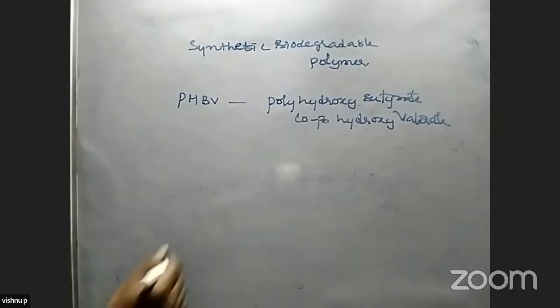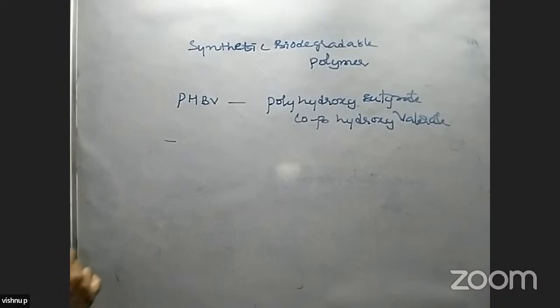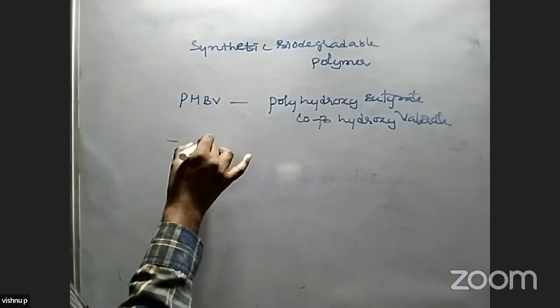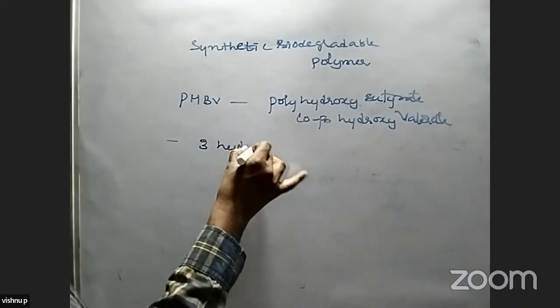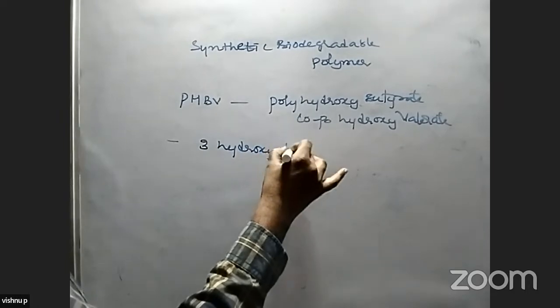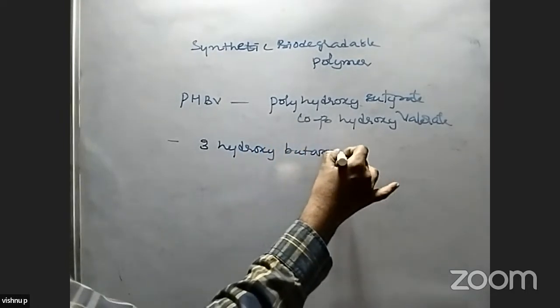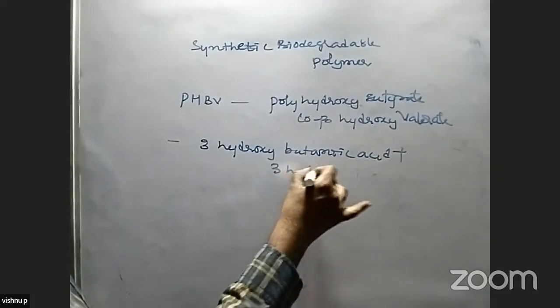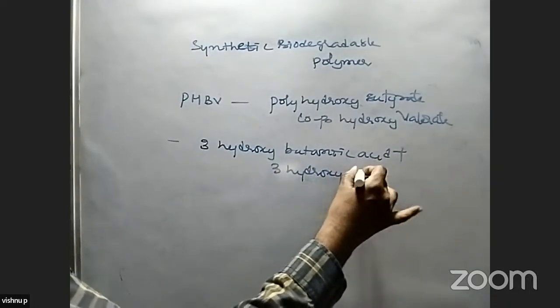What are the monomer units of PHBV? The monomer units are 3-hydroxy butanoic acid plus n number of 3-hydroxy pentanoic acid.